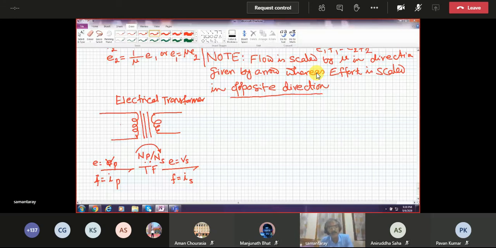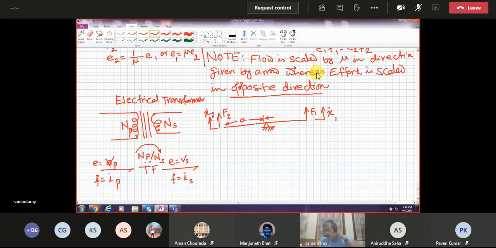Let's take a lever, some kind of a lever. Let's say this side has force F1 and velocity x1 dot. This side has force F2 and velocity x2 dot. Let this distance be a and this distance be b.